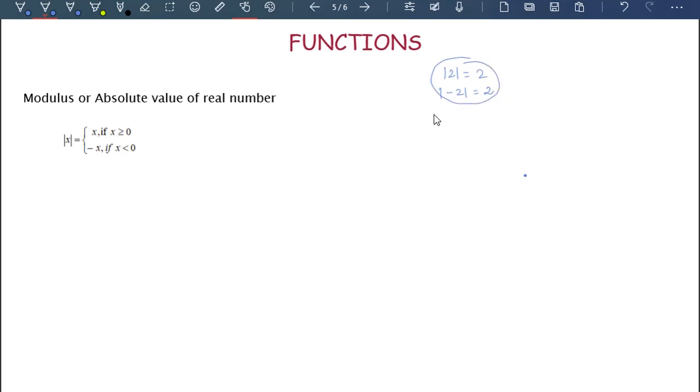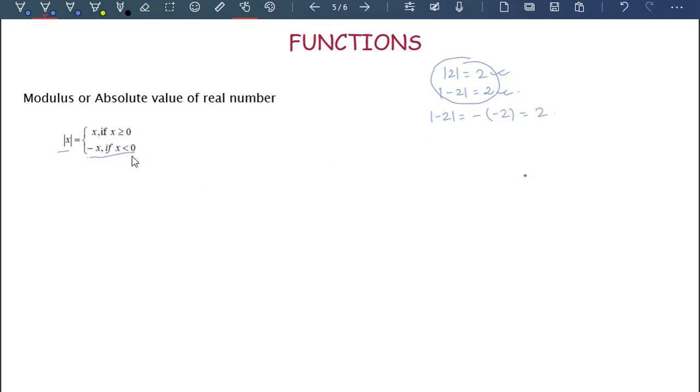But if this number is unknown, x, modulus of x, then you have a confusion why it is minus x. Let me clear it first. Modulus of minus 2 is equal to minus times minus 2, that is plus 2. So when you are taking the absolute value of a real number, that is always positive. So no need of confusion over here.